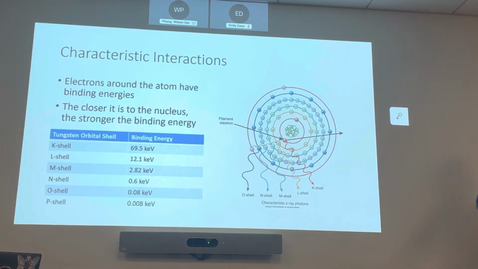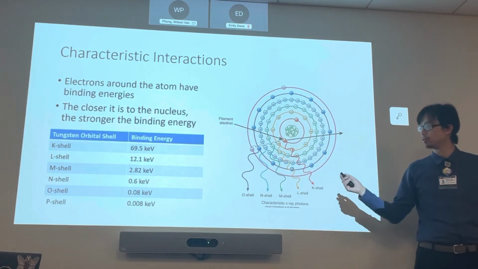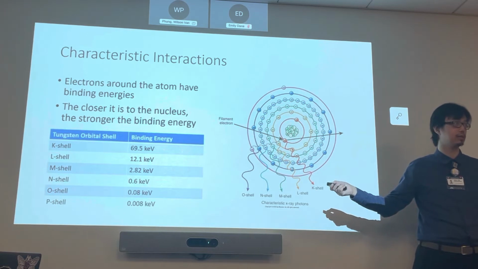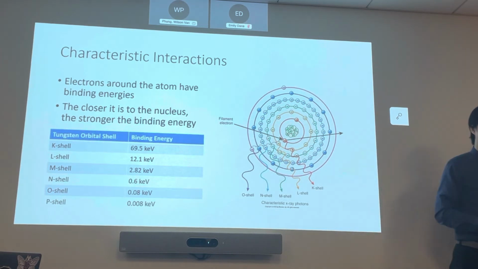It's going to be lower because the atomic number is not as high. So keep in mind, this binding energy is specific to tungsten's K shell. If it's a different atom, the K shell would have a different binding energy. If it's carbon, it's going to have a much lower binding energy, for example. So you do need to memorize tungsten's binding energy for the K shell.